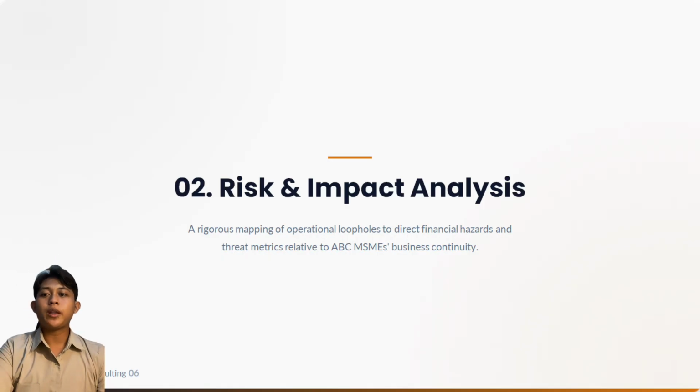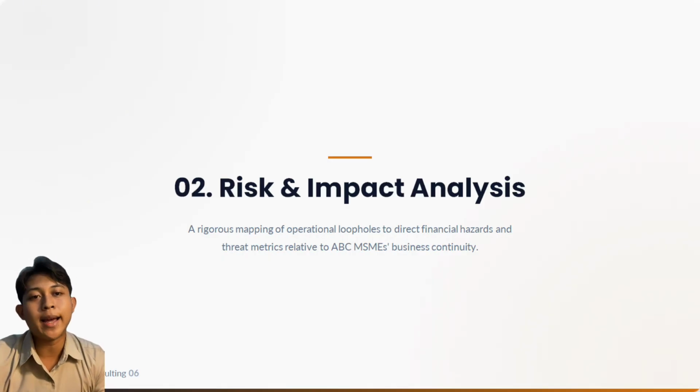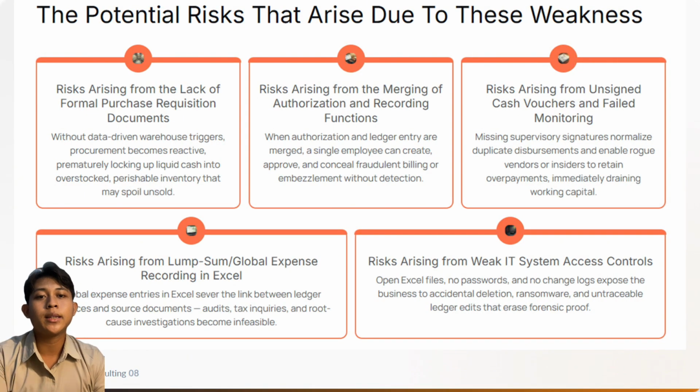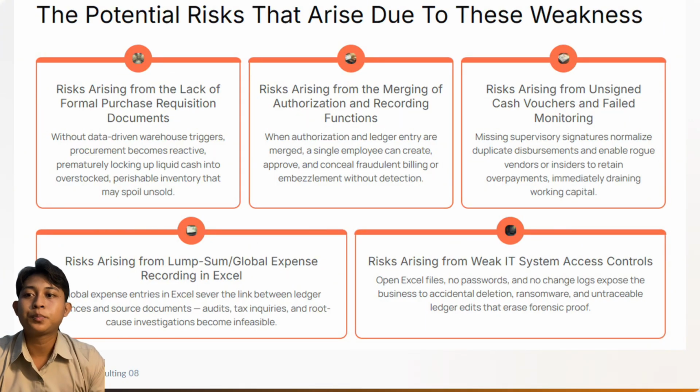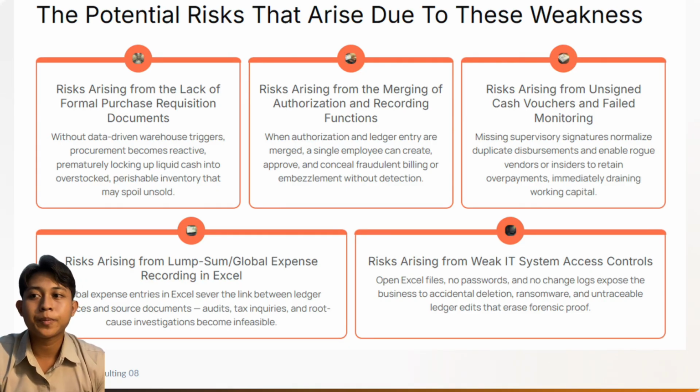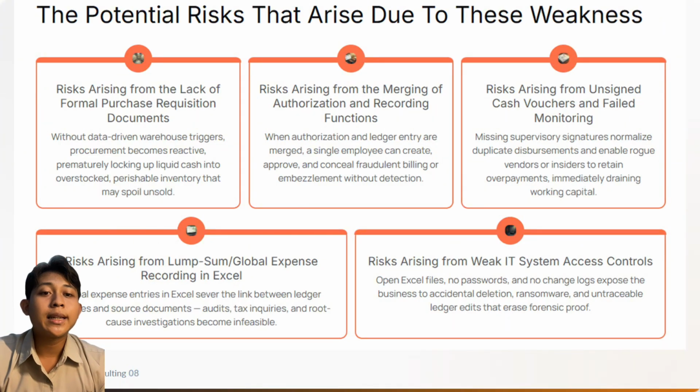And then we move into the risk and impact analysis. The potential risks that arise due to this weakness: the first one is risk arising from the lack of formal purchasing requisition document. Working capital lockup and dead stock accumulation without a data-driven trigger from the warehouse.